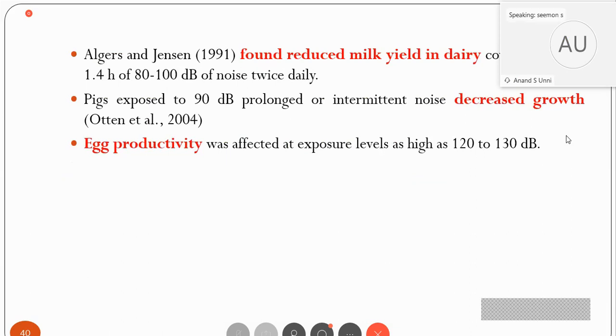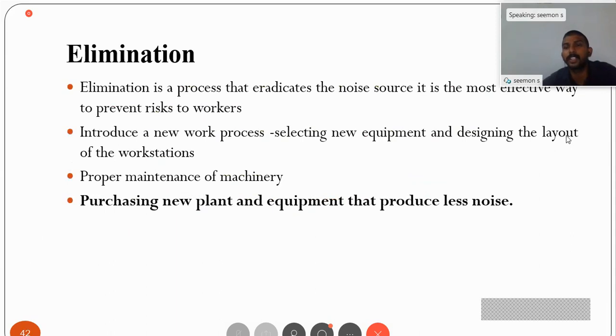We have already seen that. Control measures apply to higher frequency. If it has higher sound pressure, surely it will have higher frequency also. So these are all the control measures which we have given. We can reduce it by these methods only.